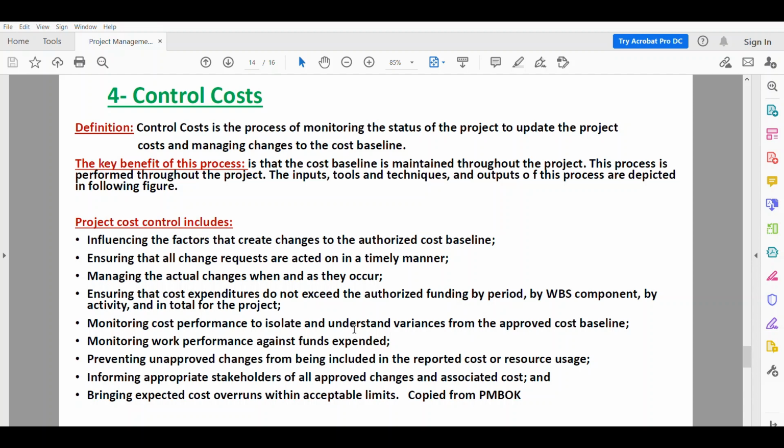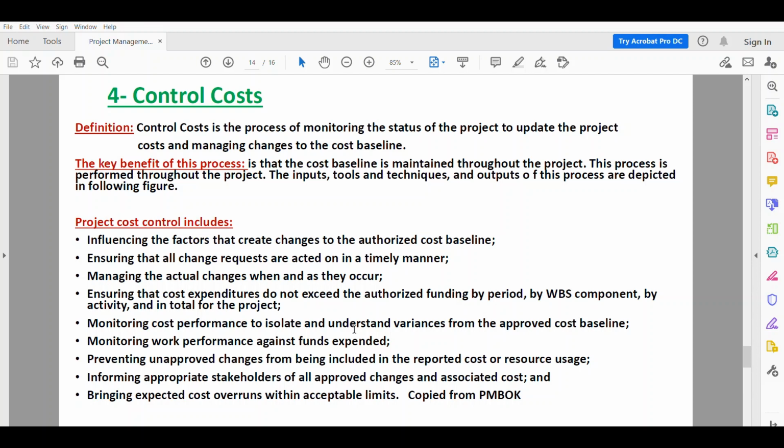Monitoring cost performance to isolate and understand variances from the approved cost baseline. Monitoring work performance against funds expended. Preventing unapproved changes from being included in the reported cost or resource usage.